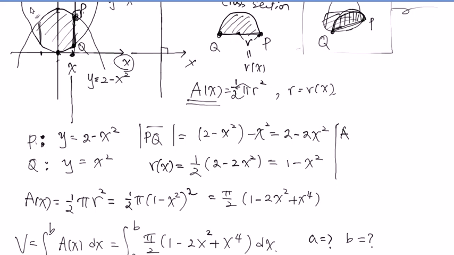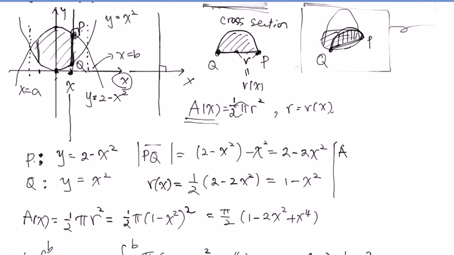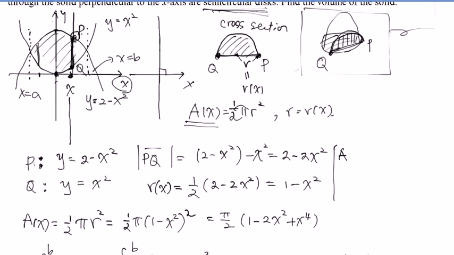The leftmost point where the last bit of the solid is touched must be x equals a, and this part in here must be x equals b. We've been practicing computing intersection points: set them equal to each other and solve. It's going to be solving a polynomial equation.